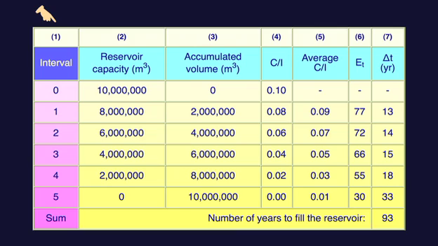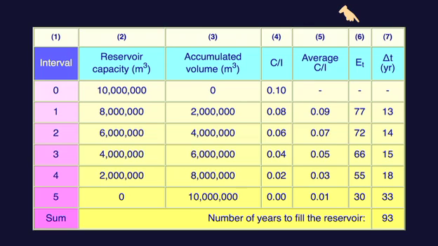Column 1 shows the interval. Column 2 shows the reservoir capacity, decreasing from 10 million to 0 in 5 intervals. Column 3 shows the accumulated volume of sediments. Column 4 shows the capacity to inflow ratio at the end of each interval. Column 5 shows the average capacity to inflow ratio between the intervals.